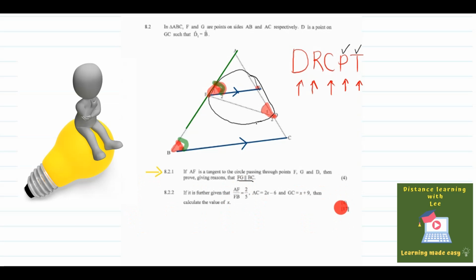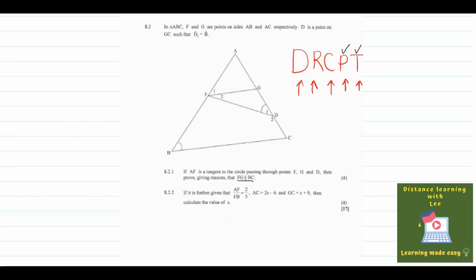So if you see something like AF over FB, which is equal to something, then that needs to be a light bulb moment where you apply the proportionality theorem. In question 8.2.1, we've already proven that FG is parallel to BC.